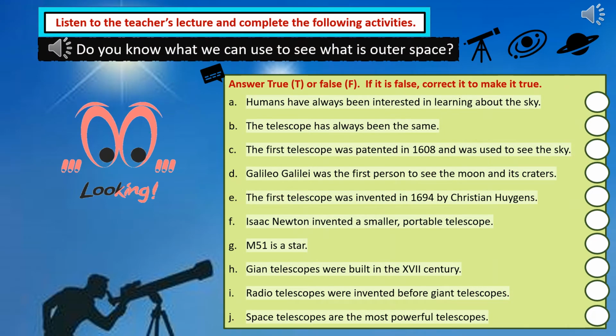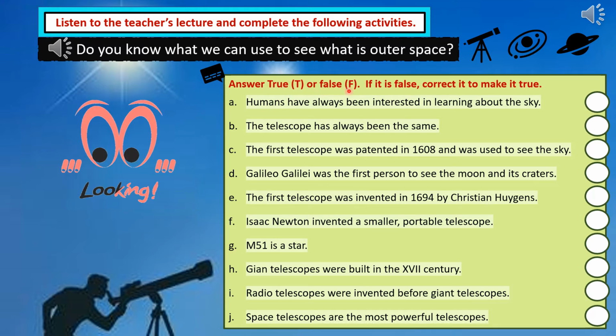Next activity. Listen to the teacher's lecture and complete the following activities. Before listening, we're going to read the statements that you have to find information for in the listening exercise. Okay, so the exercise says, answer true, T if it's verdadero, right?